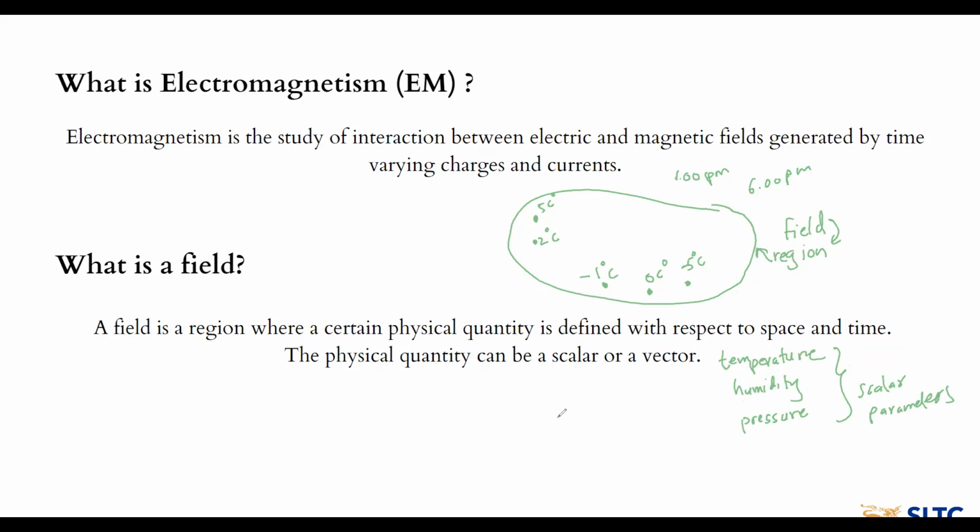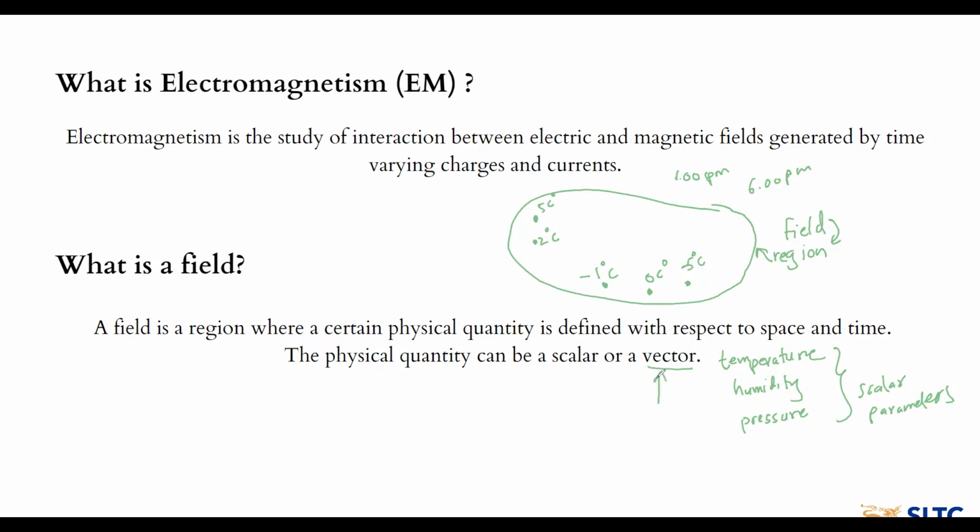So similarly, we can also consider vectors. If the vector parameter that we consider is in a certain region, and we can define the vector parameter at each point in that region at a certain specific time, we call that a vector field, right?